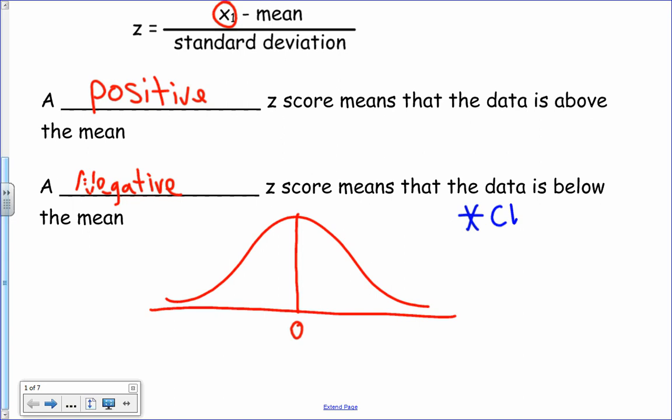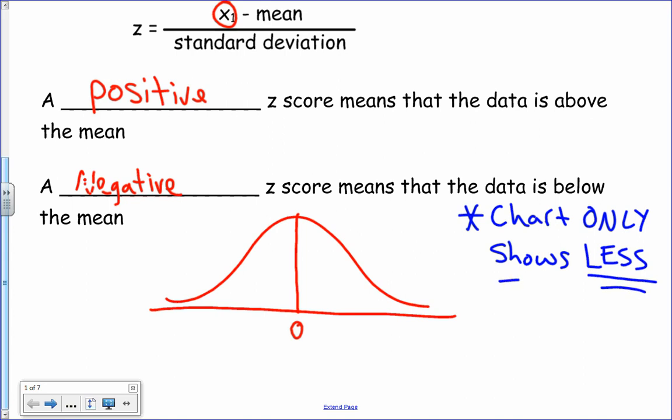The chart only shows less than. Okay, this will make more sense in a second. In some of your problems, it's going to ask how many scores were less than, or what percentage of scores were less than. That's what you see on the chart. Those are the items that are less than, or everything up to a certain point.